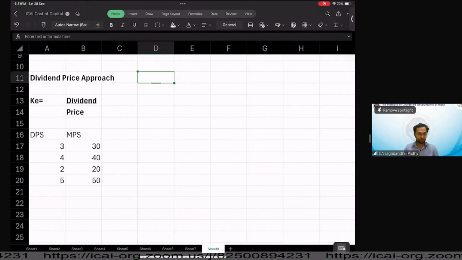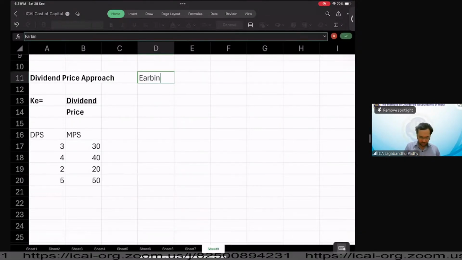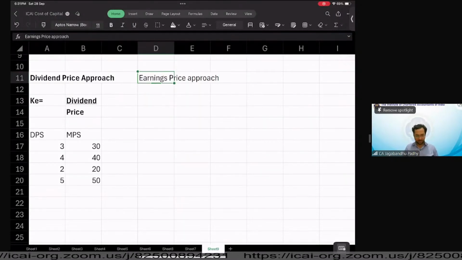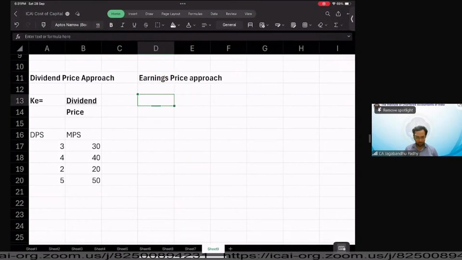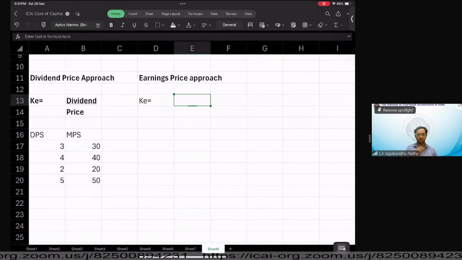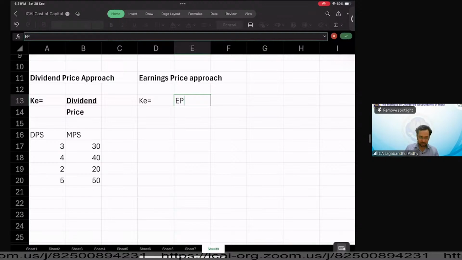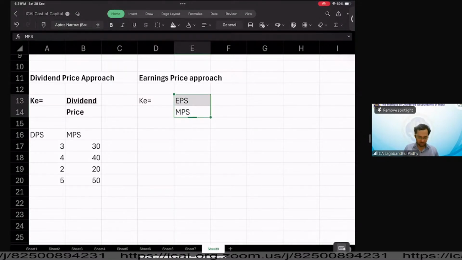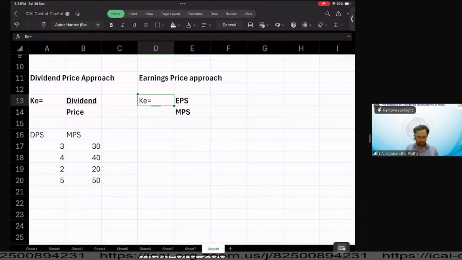Now, the next approach is the earnings price approach. Any guesses what the formula will be as per this approach? Perfect. It is EPS upon MPS, earnings per share upon market price per share.